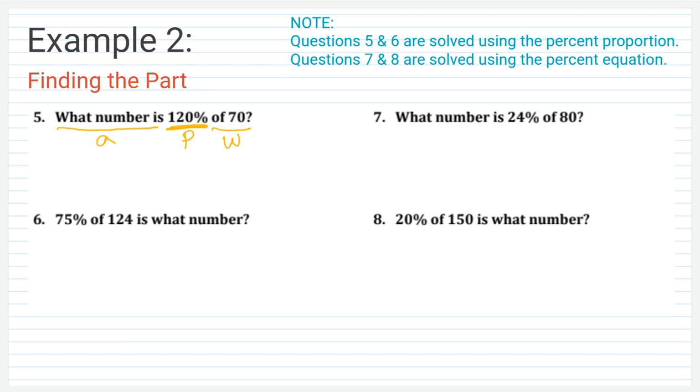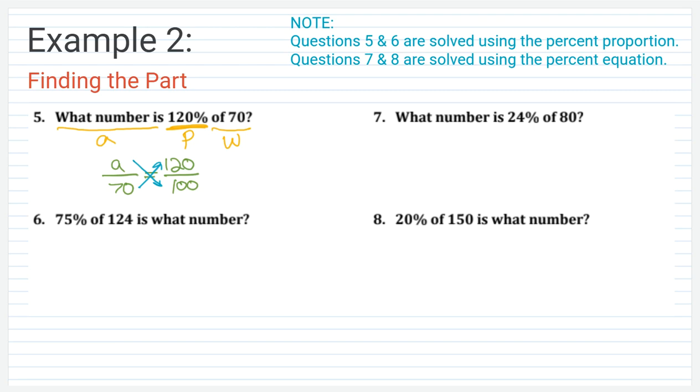When we set up my proportion, we're going to do A out of W, so the part out of the whole, where again, A is the unknown value right now, out of 70 is equal to the percent, so 120 out of 100. Then after we have our proportion set up, it's just a matter of doing cross products. So we're going to do A times 100, 70 times 120.